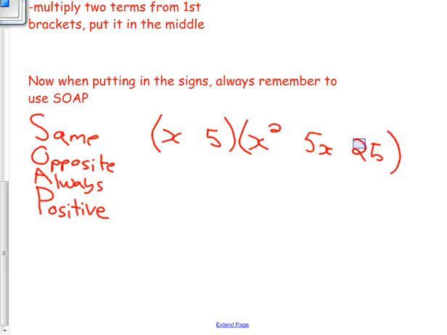And now the sign is way back in the original expression. Remember that x cubed plus 125? We're going to be using that plus as a reference. So our first sign is always the same, it's going to be a plus. The second sign is the opposite, so it's going to be a minus.